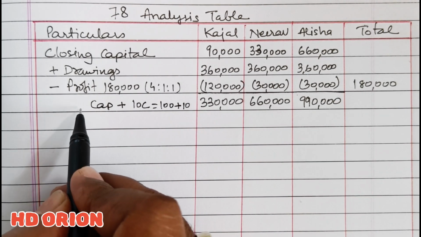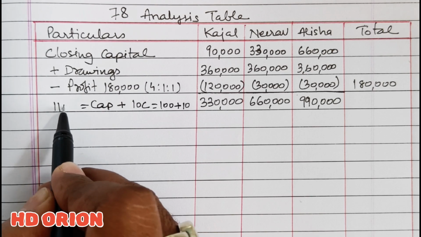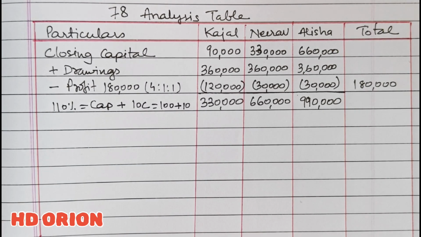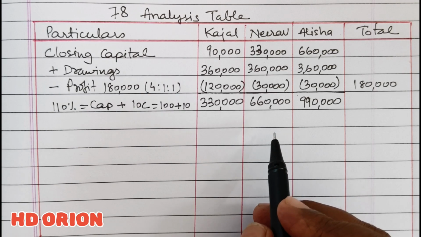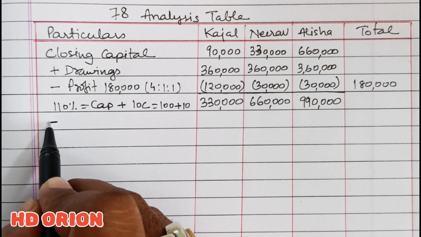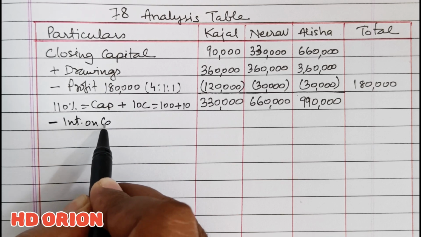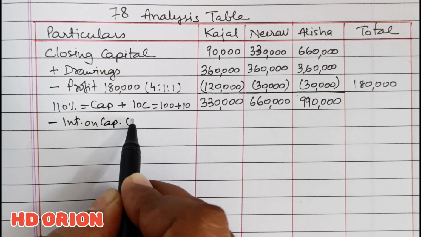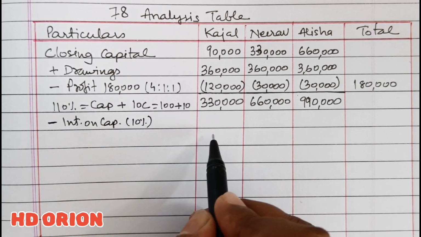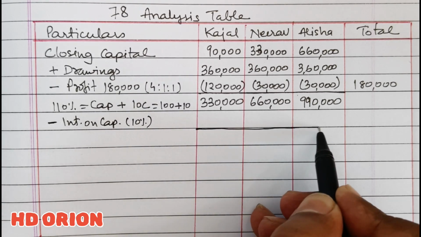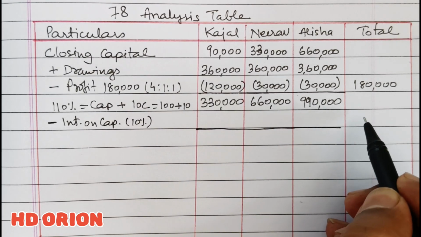So actually it is how much? It is 110% of opening capital. Fine. So how much is interest on capital? That we have to deduct. Interest on capital, which is by mistake given 10% on opening capital.